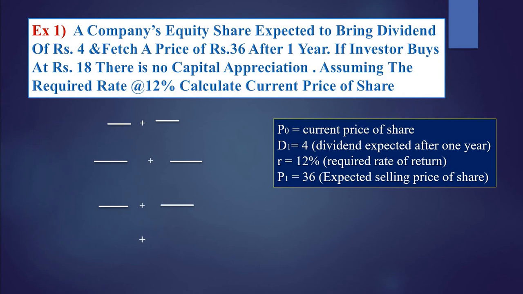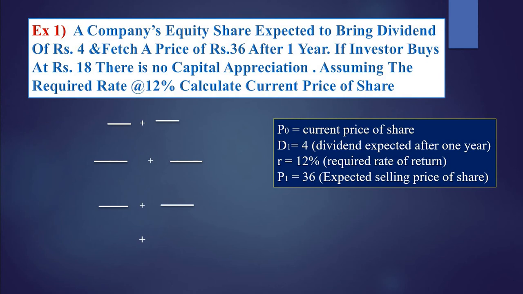Next we will see one simple problem. A company's equity share is expected to bring a dividend of rupees 4 and fetch a price of rupees 36 after 1 year. If the investor buys at rupees 18, there is no capital appreciation.